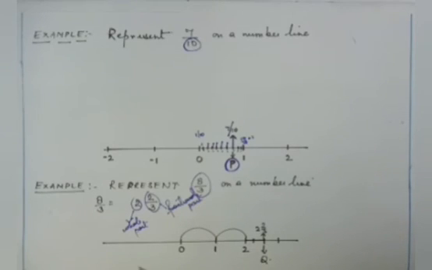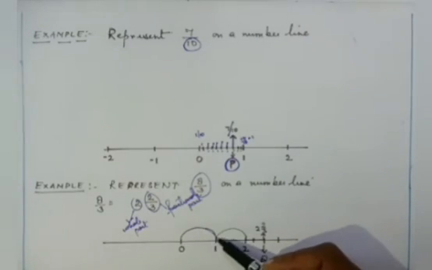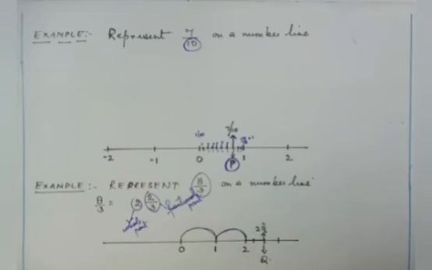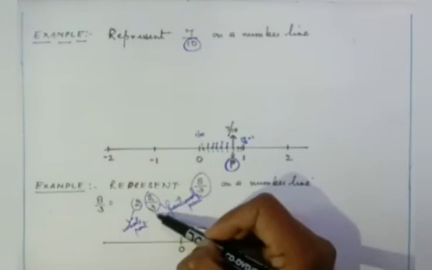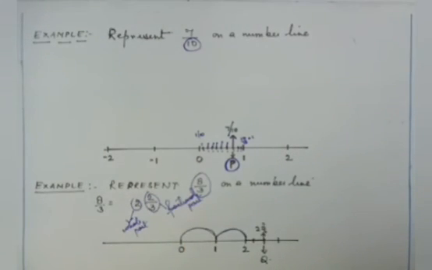First of all we are going to represent the whole part on a number line. From 0 to 1 this is 1. From 1 to 2 it is 2. Now the whole part I have drawn on the number line. Now I have to represent the fractional part. Now 2 by 3 comes after 2.